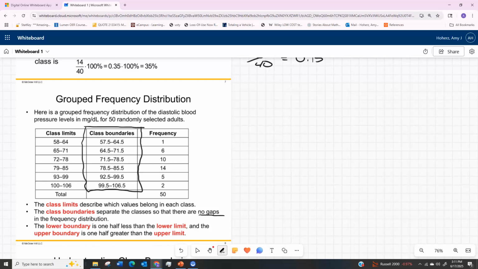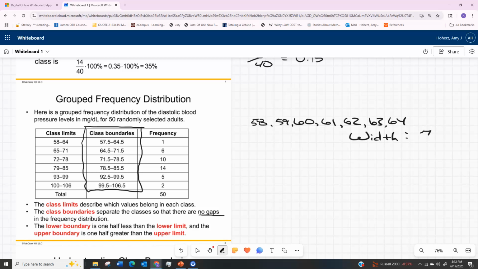Well, we've got 58 to 64. We could count and we could say that's 58, 59, 60, 61, 62, 63, and 64. They're all in that class of 58 to 64. So the class width is 1, 2, 3, 4, 5, 6, 7. We're going to do this like 3 different ways.